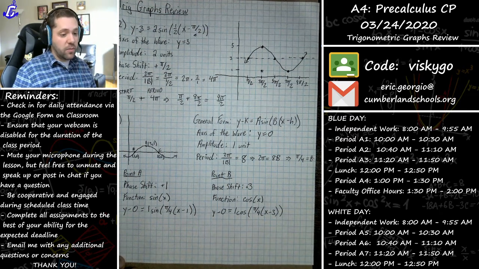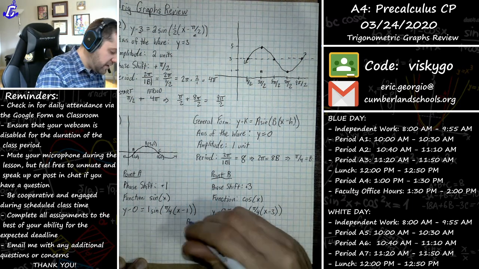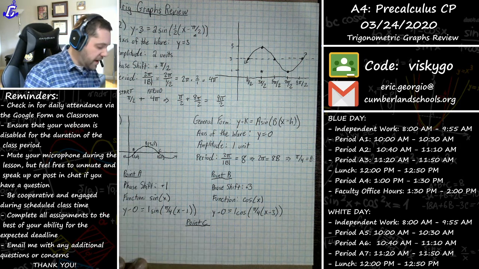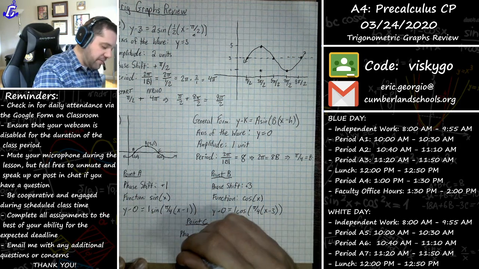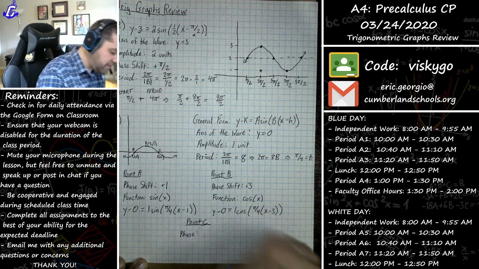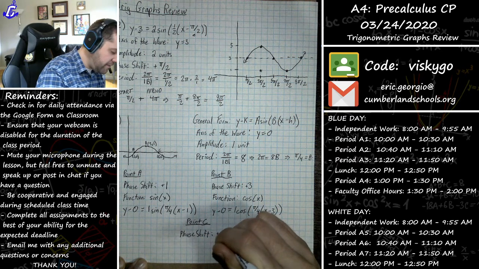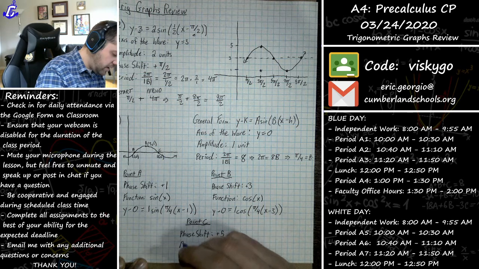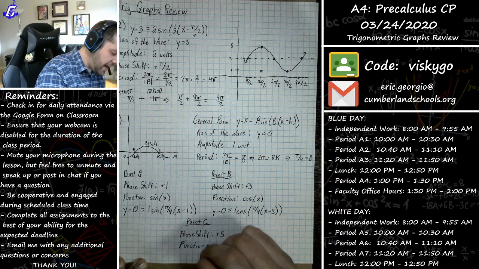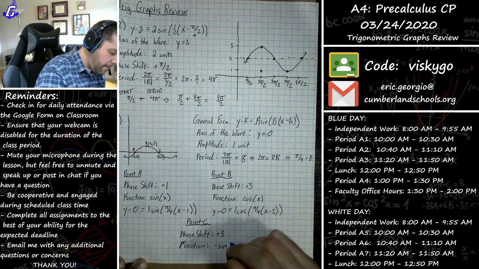And we're going to do just one more where we now have point C. If I were creating an equation from there, your phase shift, again, amplitude, axis of the wave, period, all the same. Your phase shift is now positive 5. Your function would now be negative sine.